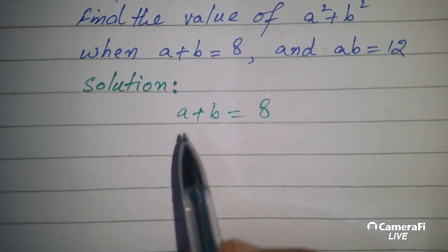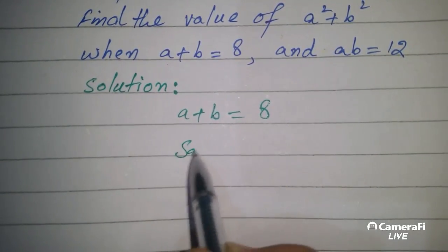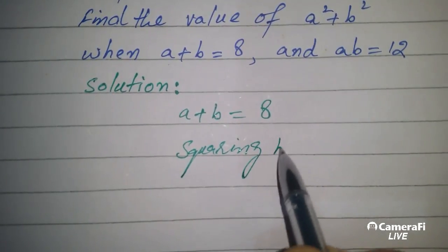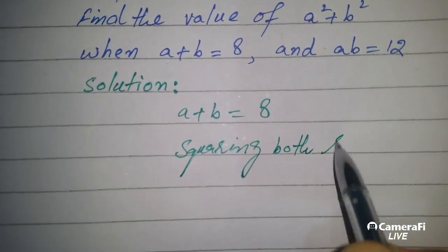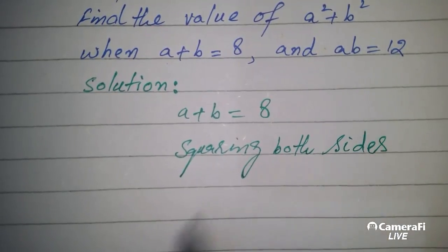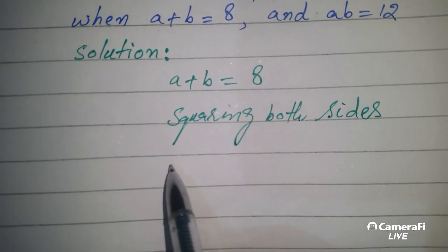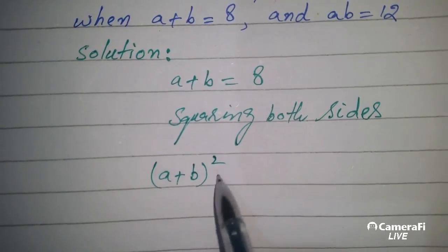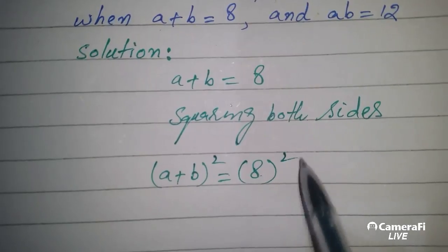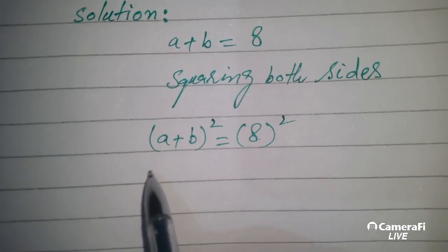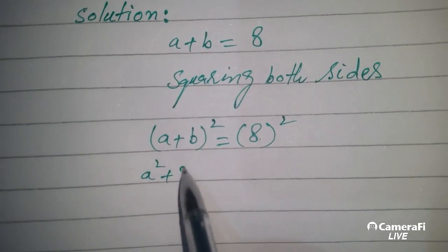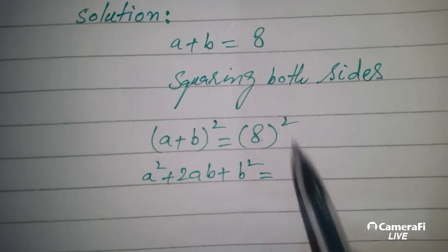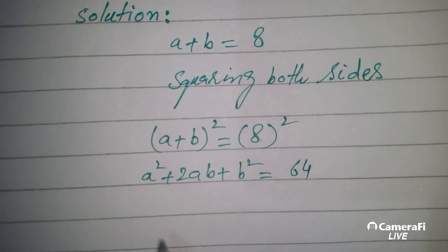If I take the square of both sides, squaring both sides, it can be written as a square plus 2ab plus b square. 8 square is 64.